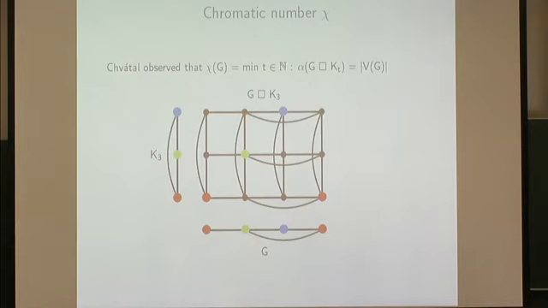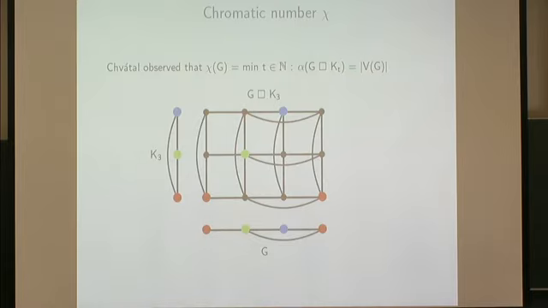Why? Because if I want to select another vertex, I must select 2 vertices on a vertical line, and these are going to be adjacent because I have all the vertical edges. Shabata's observation says that the minimum t such that you can make such a construction is actually the chromatic number of the graph. Indeed, you can also start from such a construction, and it gives a coloring of the graph. So that's the intuition.